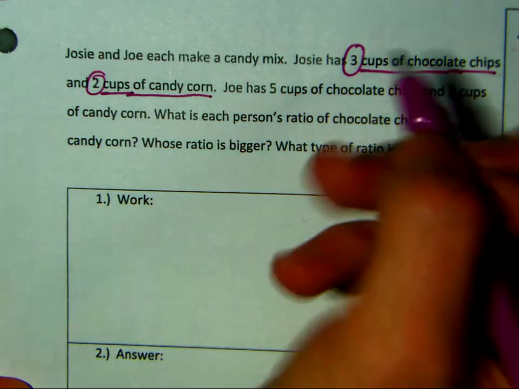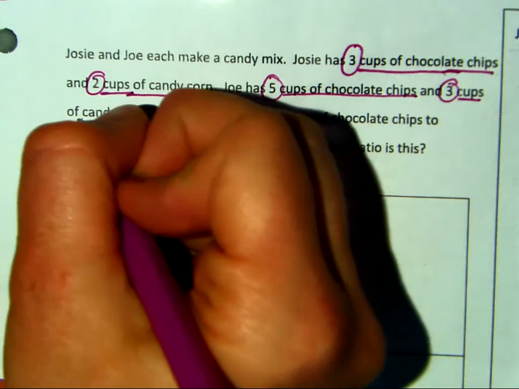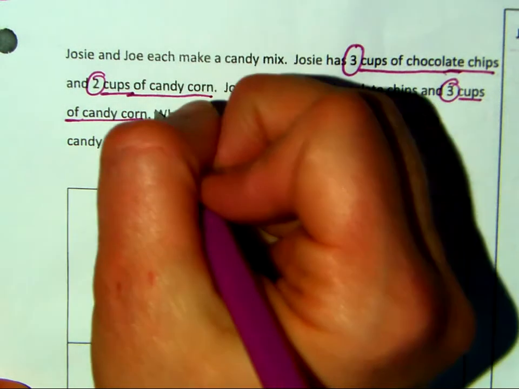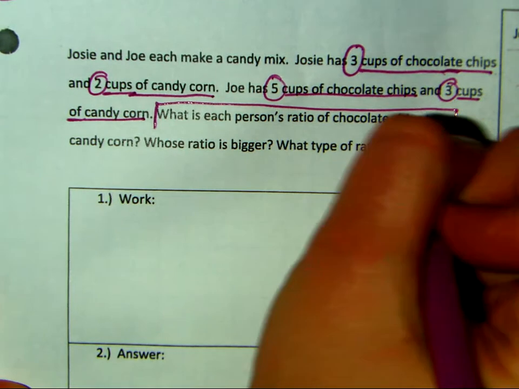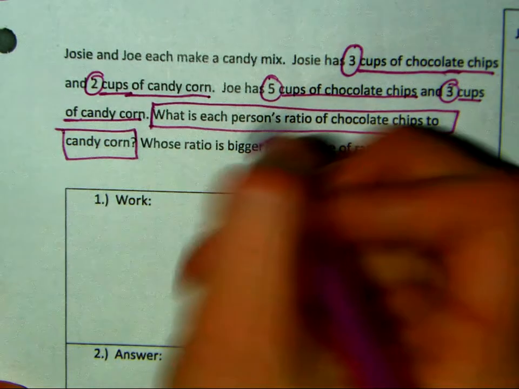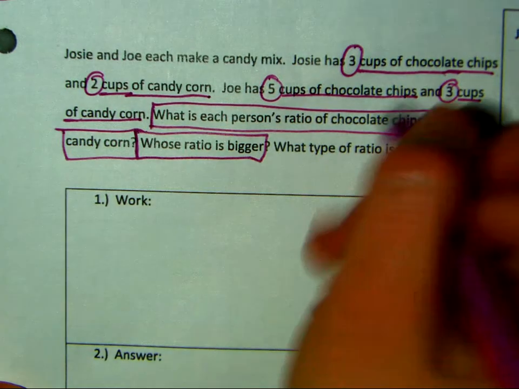Joe has 5 cups of chocolate chips and 3 cups of candy corn. What is each person's ratio of chocolate chips to candy corn? That's the question. Whose ratio is bigger? You're going to compare. And what type of ratio is this?